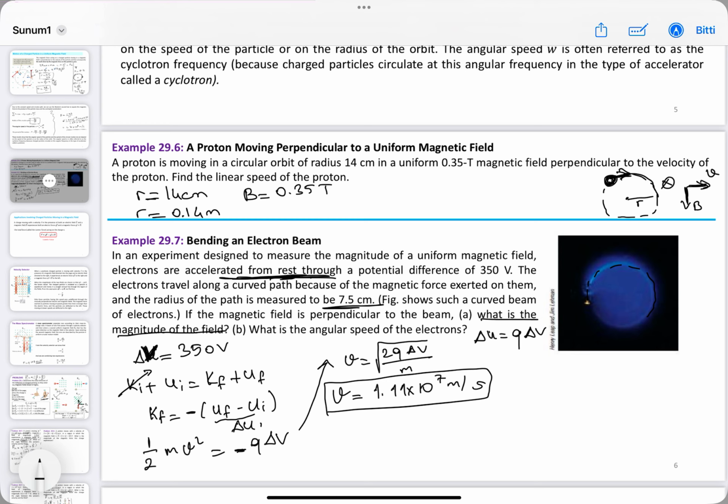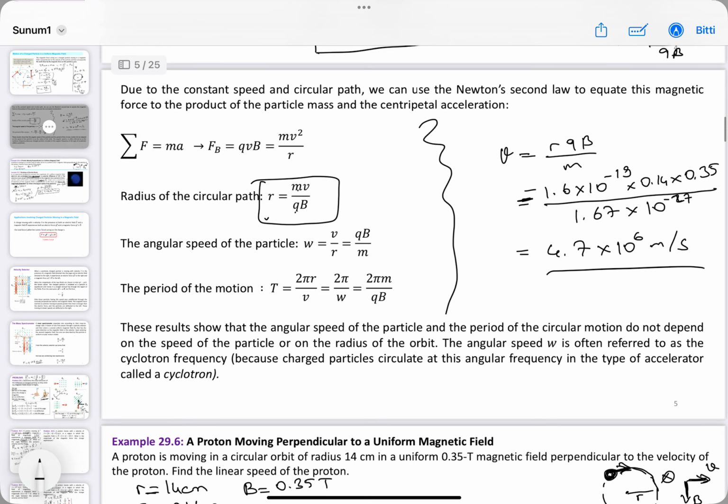What was asked? What is the magnitude of the field? How can we find it? I know velocity. I know radius. Is there any other information? No. Can I use, I know velocity, I know radius, they have to give charge and mass.